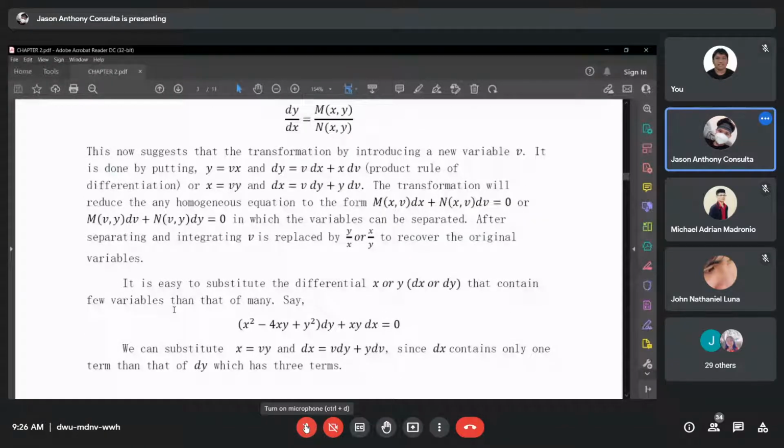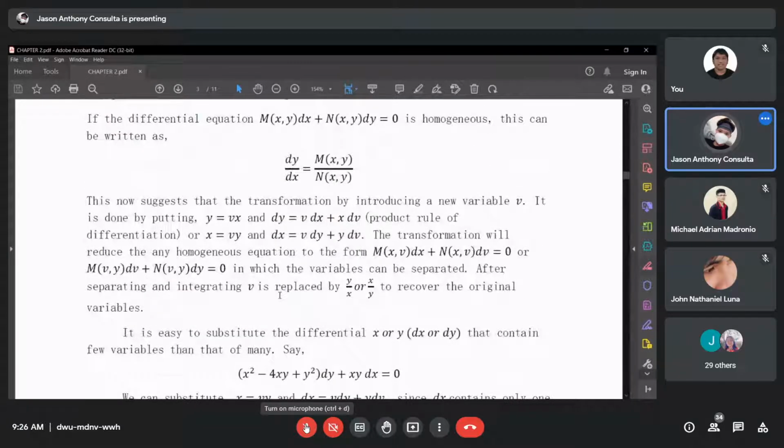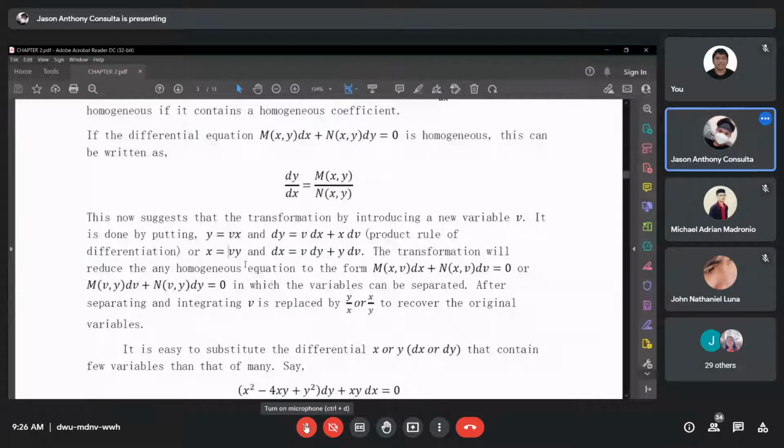Okay? It is easy to substitute the differential of x or y that contain few variables than of many. Okay? So, hindi nakalagay sa problem kung alin dito yung gagamitin sa dalawa. Kayo magde-decide niyan.